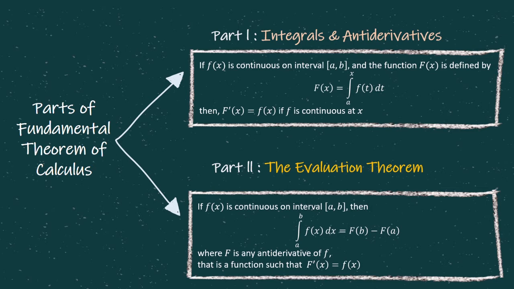The first part is integrals and antiderivatives, and part 2 is the evaluation theorem, which we tend to use when we want to find the definite integral. So this is the theorem of part 1, and this is the theorem for part 2. To understand more, we will go to the next slide.